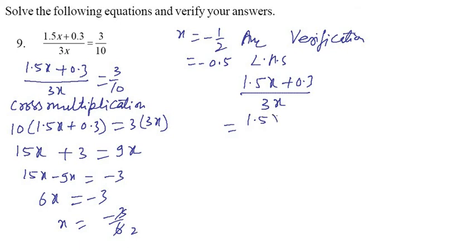So 1.5 into minus 0.5, so it is negative, and plus 0.3, divided by 3 into minus 0.5, so you can write minus here.